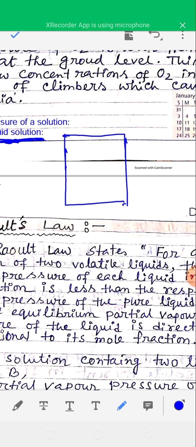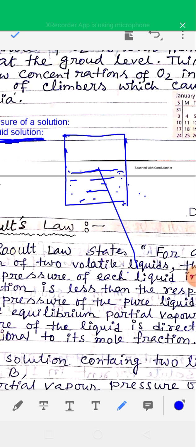And now suppose you have taken two volatile liquids here, and after some time you will see that in the vapor phase, in this space, you will get the vapor of both the liquids.